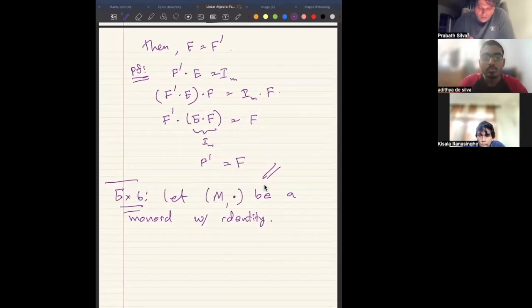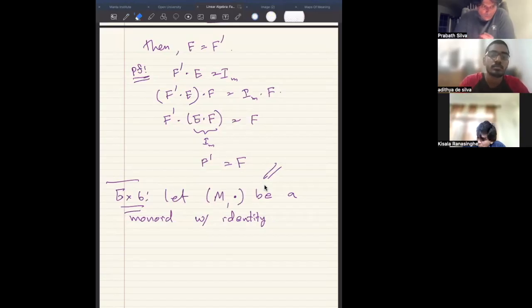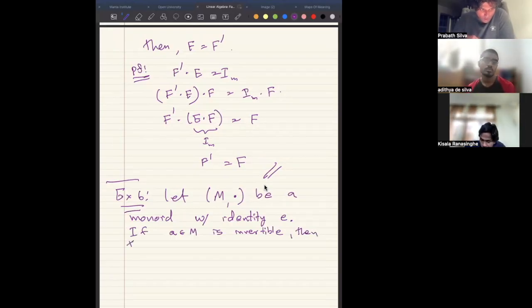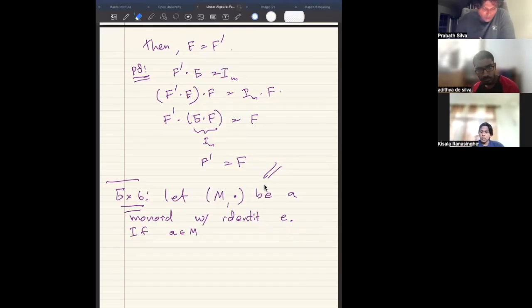The identity E. If A in M is invertible, then the inverse... then let me write it in detail.